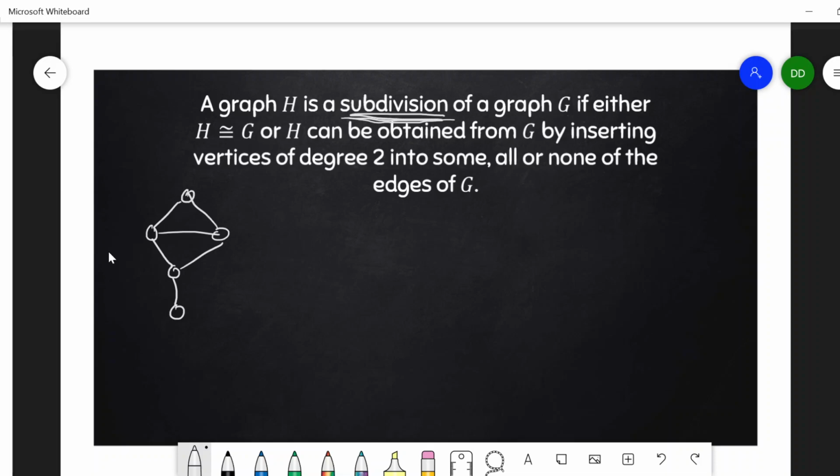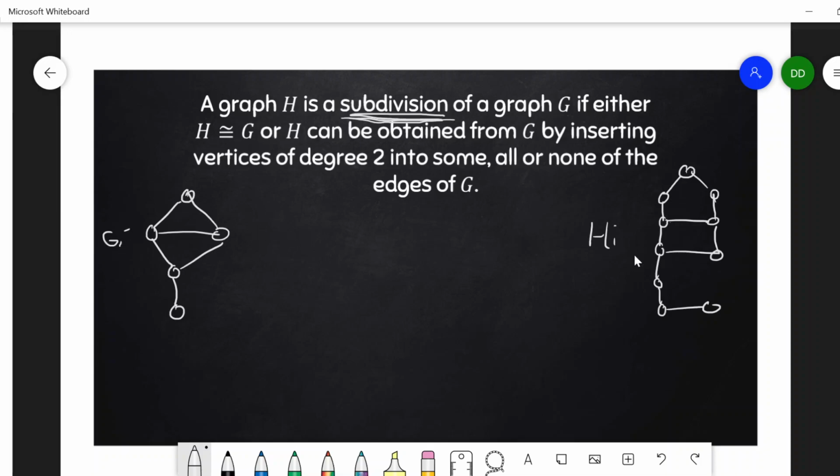Maybe this is my graph H. I claim H is a subdivision of G here.